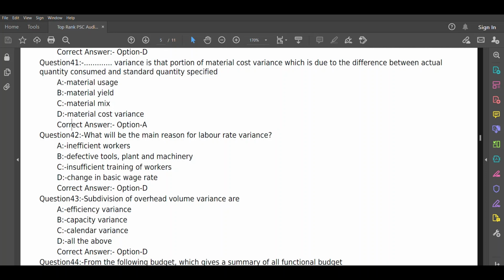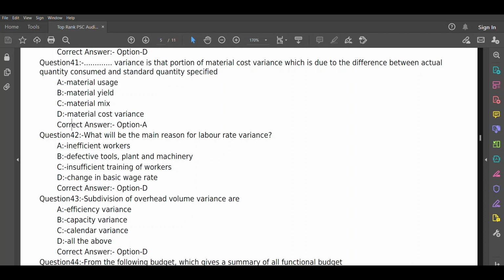Material usage variance is that portion of material cost variance which is due to the difference between actual quantity consumed and standard quantity specified.